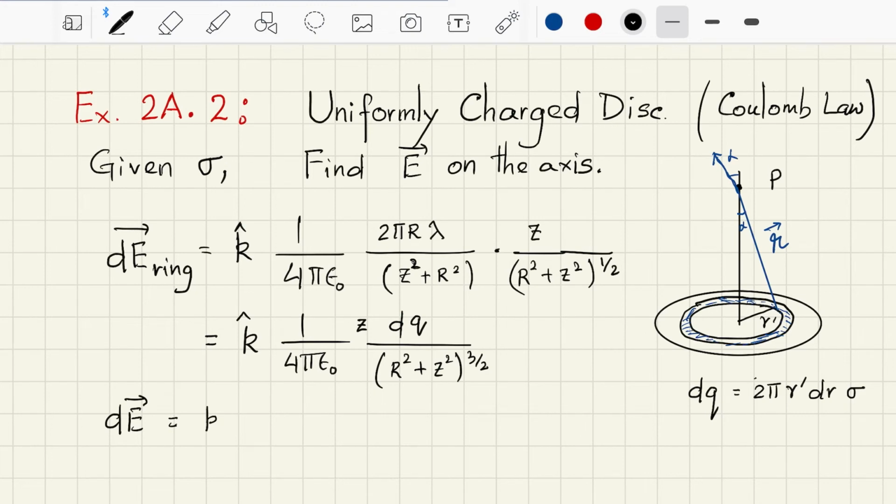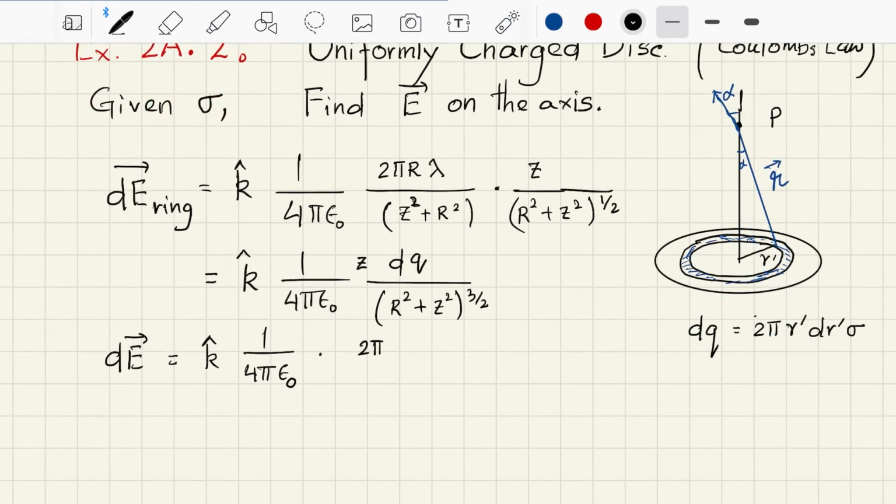For this it will be vector k, 1 by 4 pi, r prime dr prime sigma by (r prime square plus z square)^(3/2) into z.